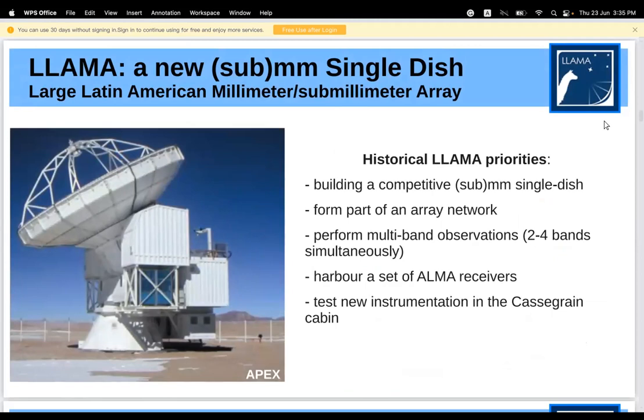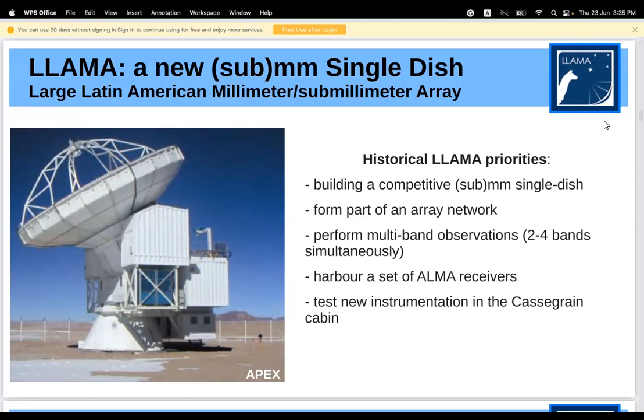This is not a new project. It is an old project that the new guys from Argentina and Brazil are inheriting from the old guard, and the historical priority of the LLAMA project was to form part of an array. That's what the name stands for.